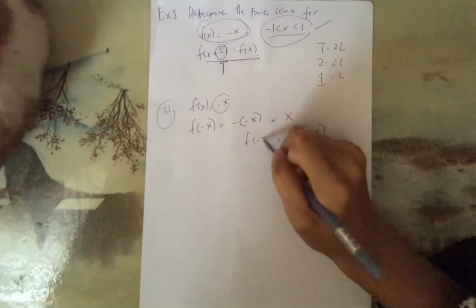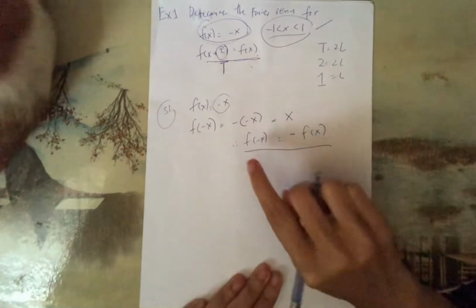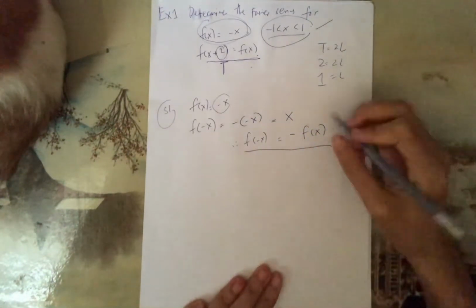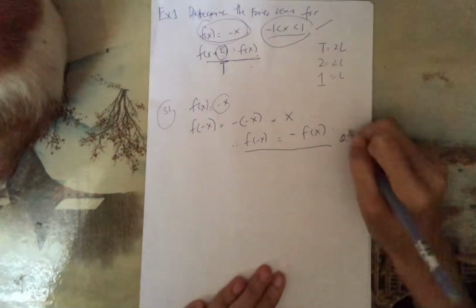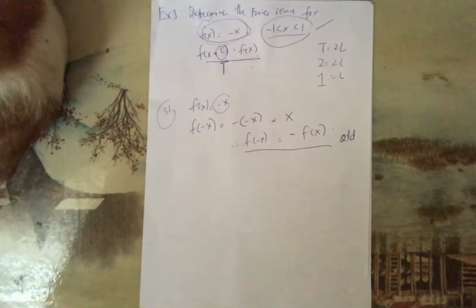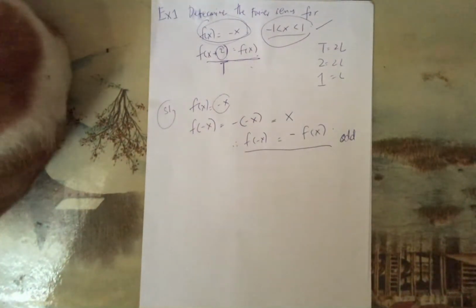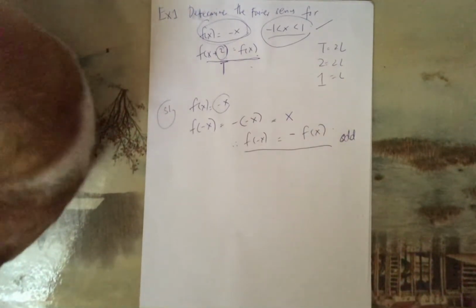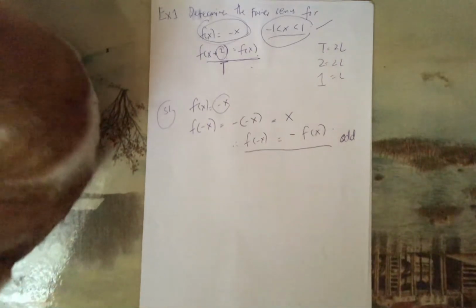So f(-x) is equal to negative f(x), and this is an odd function. Alright, okay class, so you have already done the first step. With this, you know that this is odd.